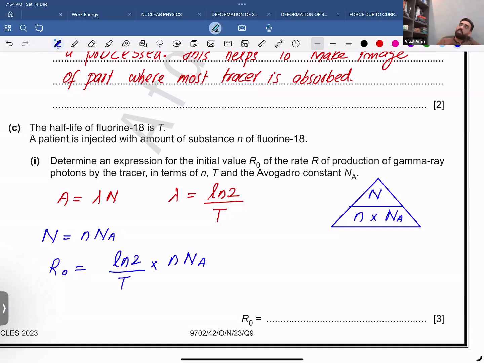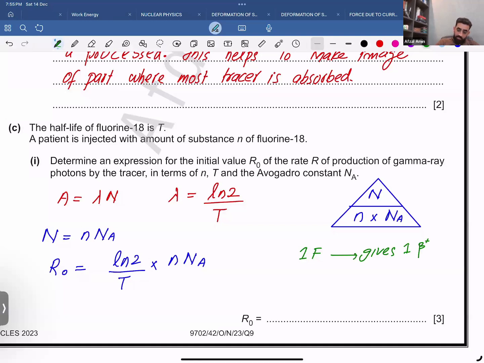Now, my dear, this N is actually the decay of one fluorine. Decay of one fluorine gives you what? One beta, one positron.